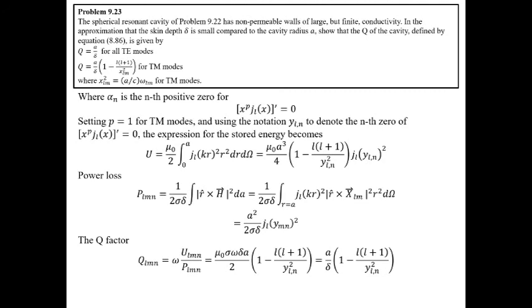The expression for the stored energy becomes below, and the power loss results in 1 over 2 sigma delta times j_l of y_ln squared, and the Q factor equals a over delta times 1 minus l times l plus 1 over y_ln squared.